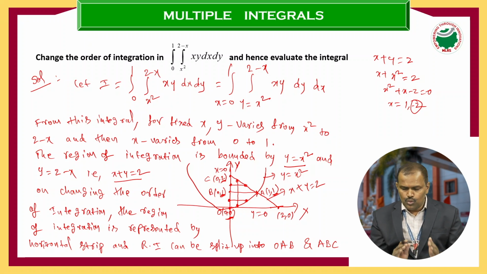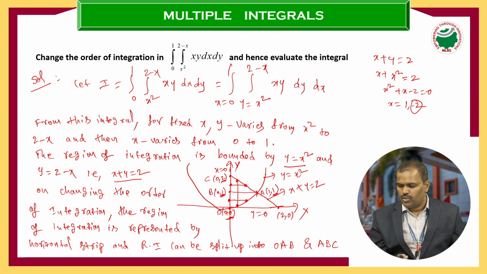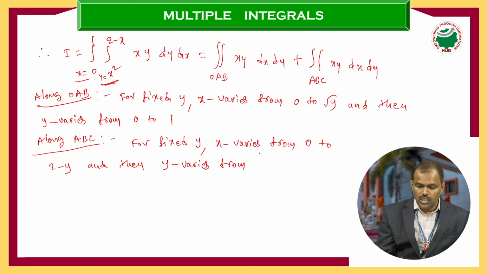In order to do this type of problems, the student must have the basic knowledge of geometry. So if we take B to C also 1 to 2, and A to C also 1 to 2. In the region ABC, the y limits are 1 to 2.